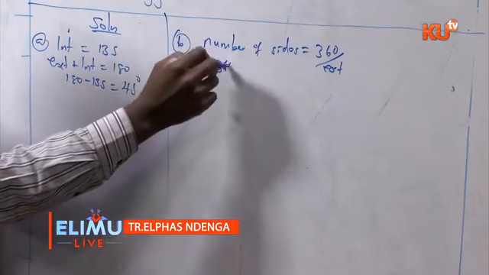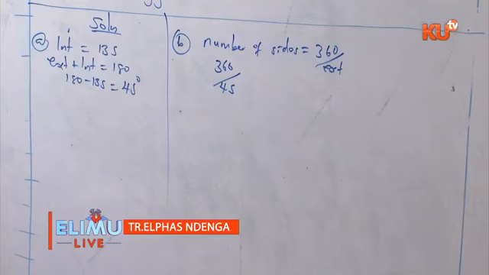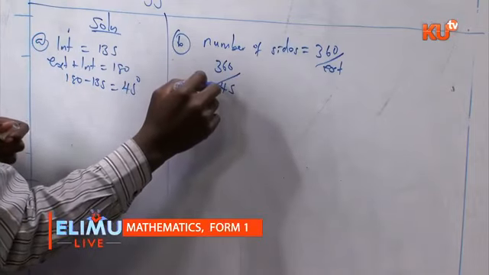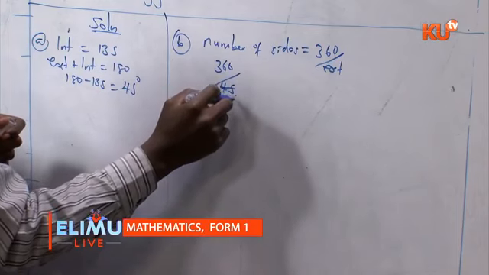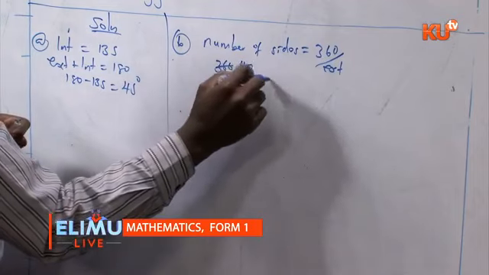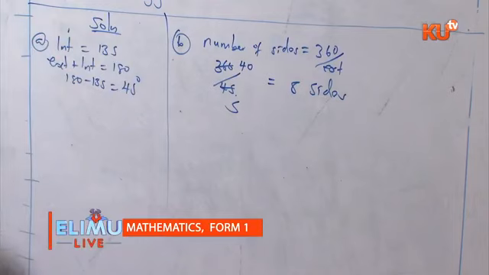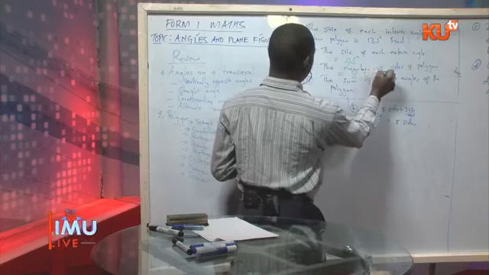So you take 360 divided by 45 degrees. 360 divided by 45, let's see, 9 fives are 45, 9 fours are 36, this is 40. So we have 8 sides as the number of sides. This will be 8 sides.